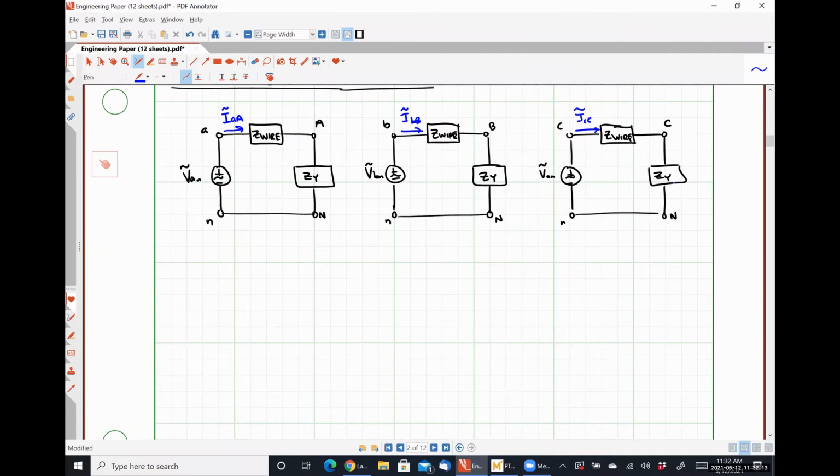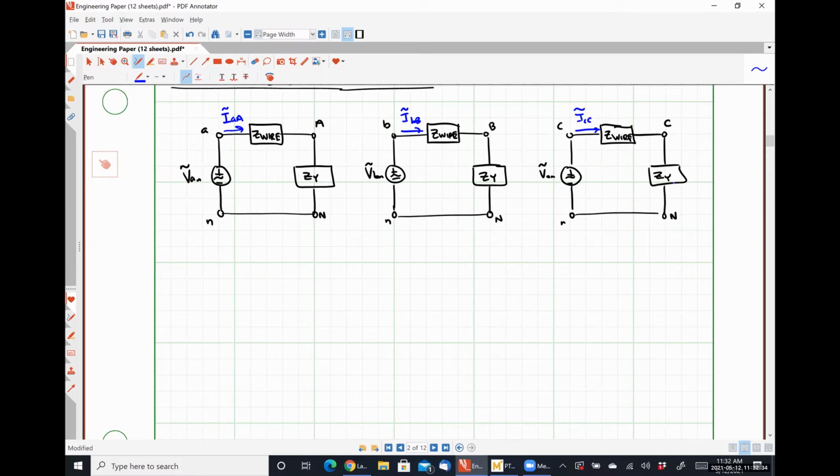All right, so we're gonna spend the next half an hour or so developing transformation techniques to make delta connected things look like Y connected things and vice versa. Once we get that down, we can make any system look like a YY system and then we can analyze it, okay?